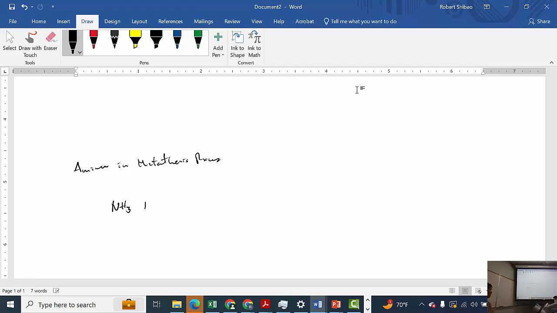Ammonia and water will react. This is unfavorable, but it's not terrible. And so this is 99.9% of the population stays down here, and this is 0.1%.